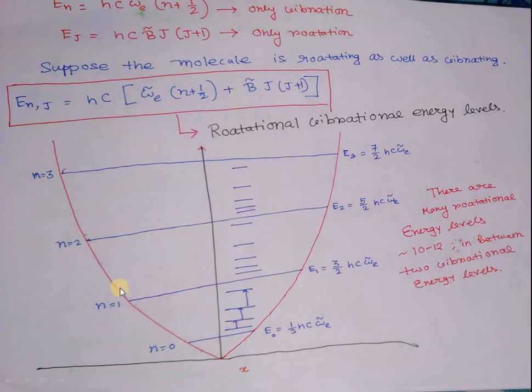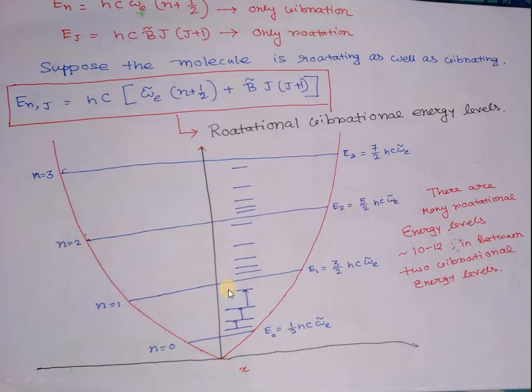So that's why this parabolic term occurs, and you can see that the vibrational energy levels are basically equispaced. So for n is equal to 0, the energy is equal to half hc omega e. For n is equal to 1, the energy is 3 by 2 hc omega e. So you can see that the separation between any two consecutive vibrational energy levels is equal to hc omega e.